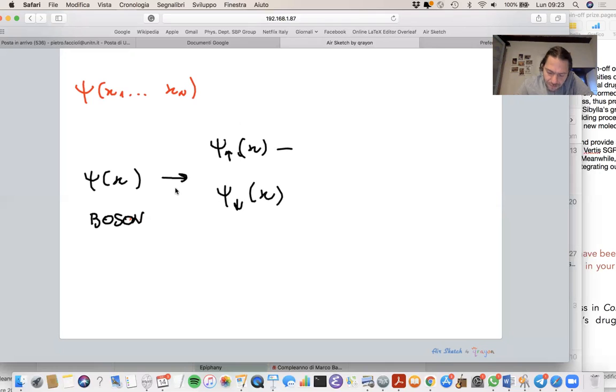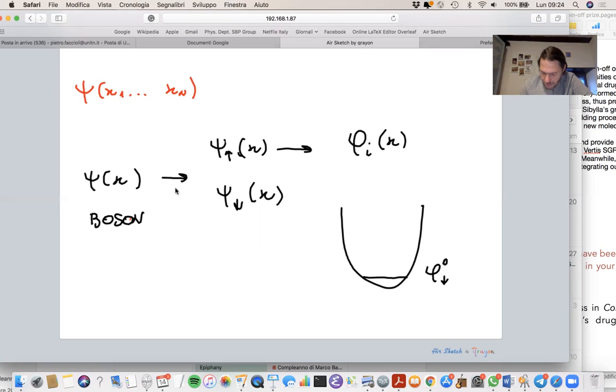But if you want, you can generalize this to say, well, I have different wave functions at positions. Why? Because this could be phi ground state down or phi ground state up, and this would be i equal 1 or i equal 2. These are in principle two wave functions.